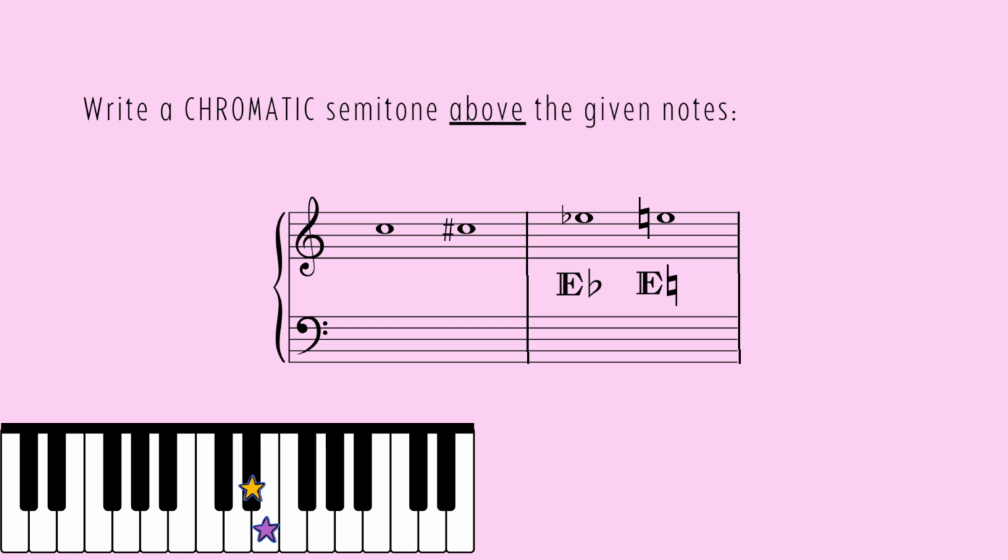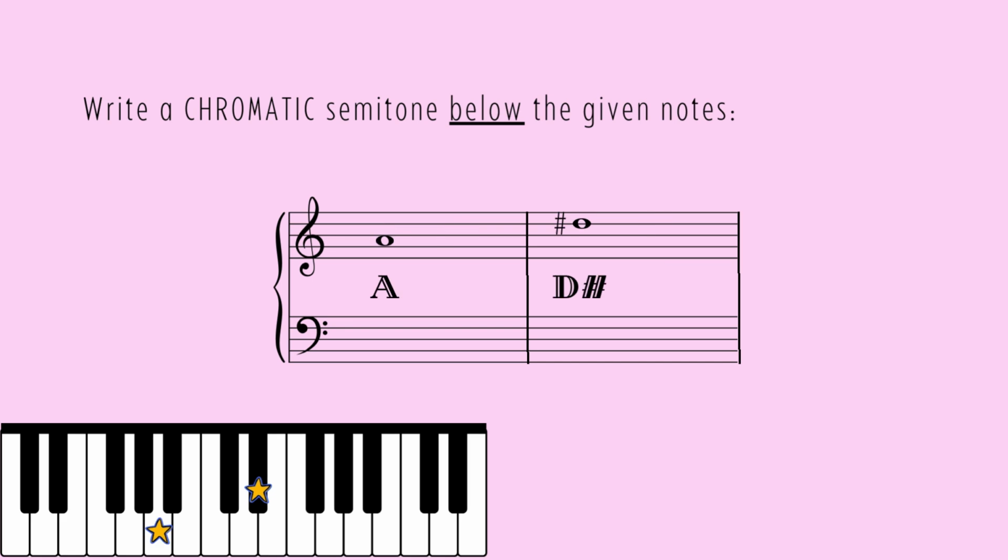So in this case, our given note is E flat, and we're raising that with a natural to become E natural. When you check out the keyboard picture, you notice those notes are directly beside each other, which means that they are in fact a semitone apart. They become a chromatic semitone because they share the same letter name.